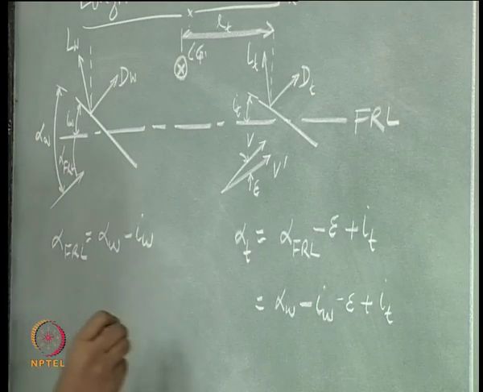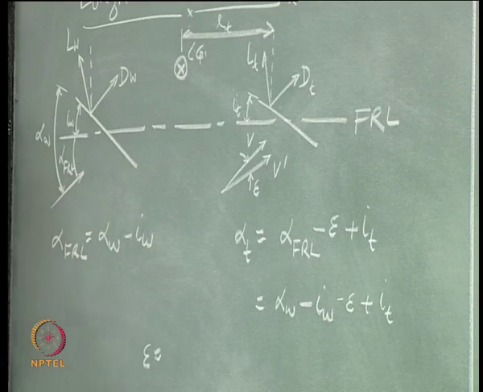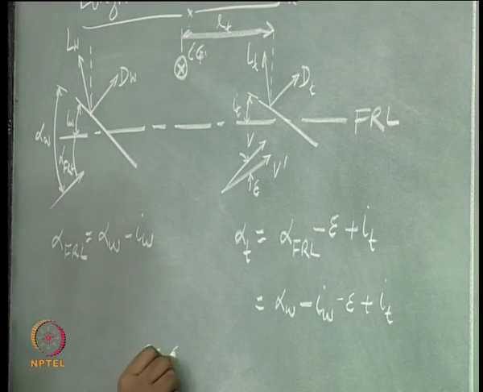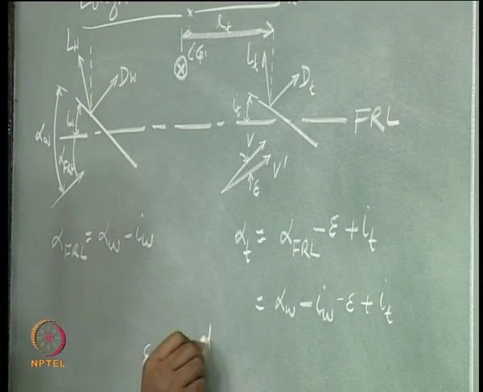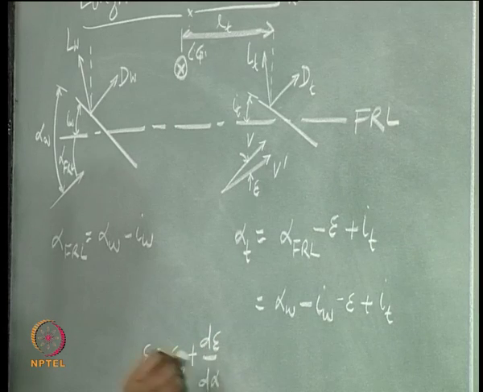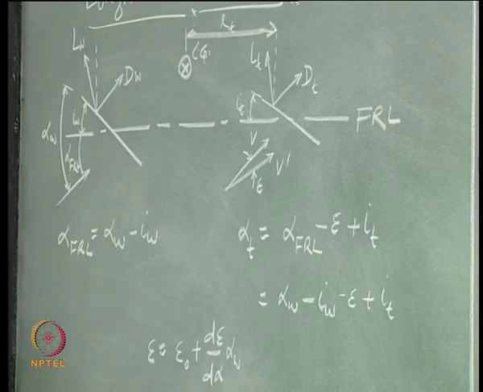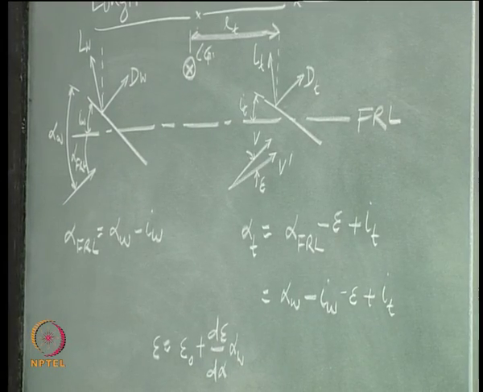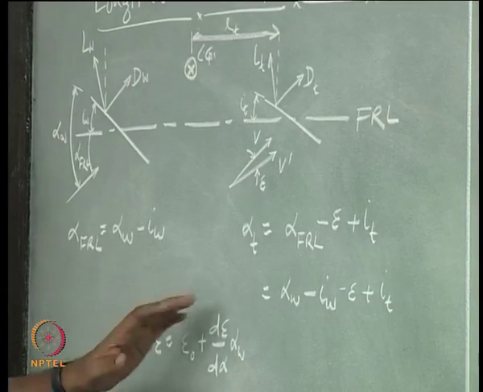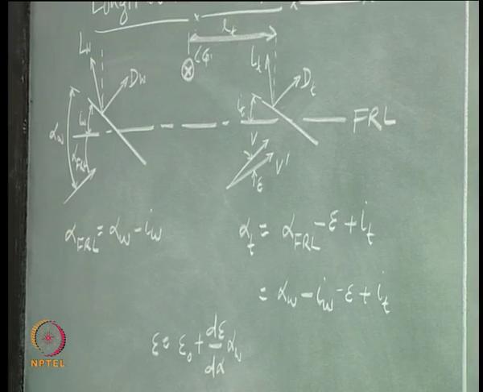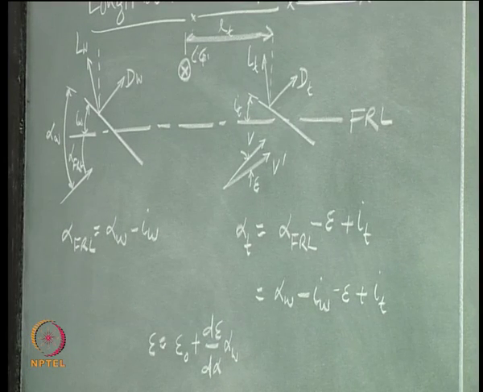We also said that this epsilon has two components, right. So, the downwards angle itself is changing with the angle of attack of the wing, right, plus this epsilon when the wing is at 0 angle of attack. Okay.